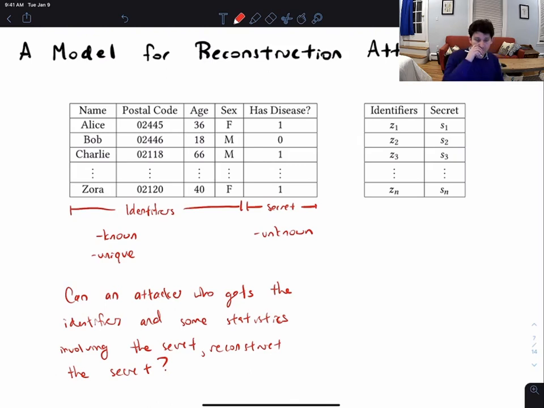And in particular, we want to know if the attacker can do this given noisy statistics. So not exact statistics, but noisy statistics.